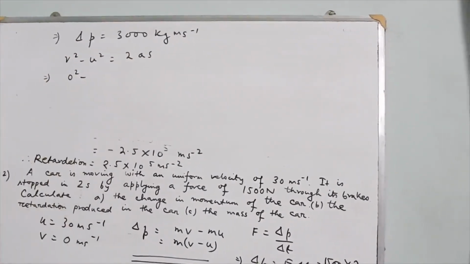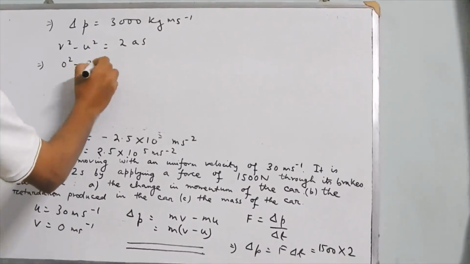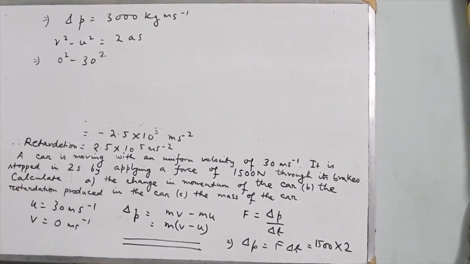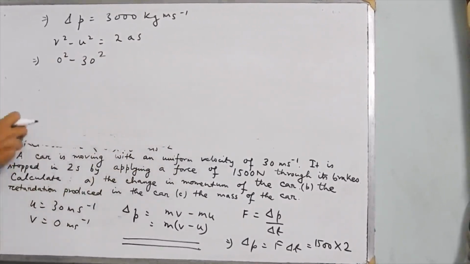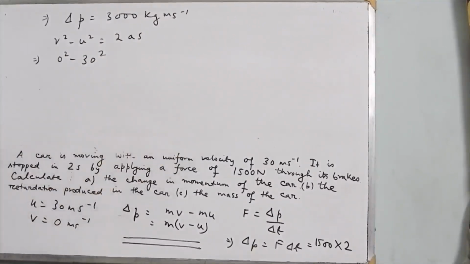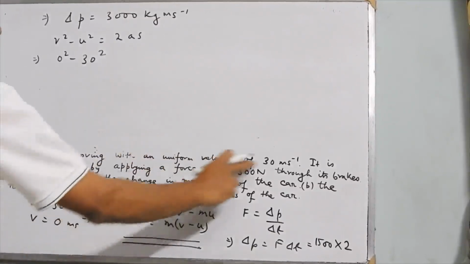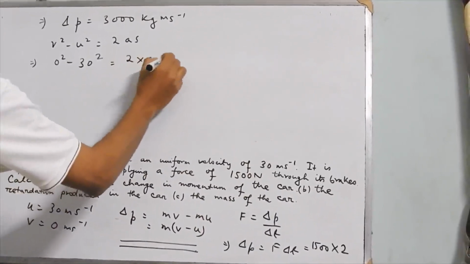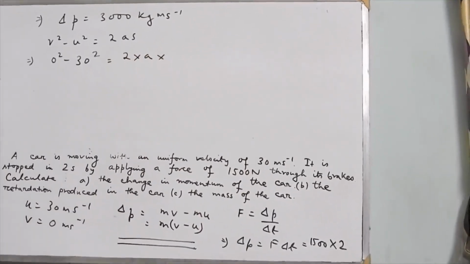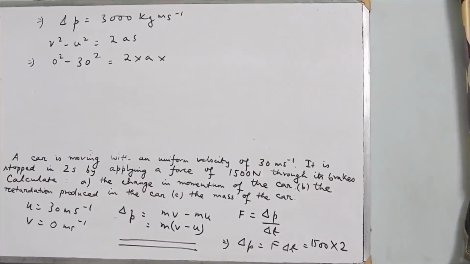U, initial velocity, is given as 30. The distance travelled is again not known.